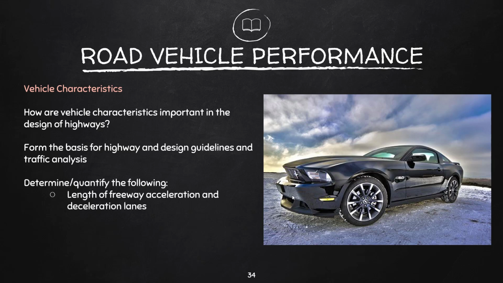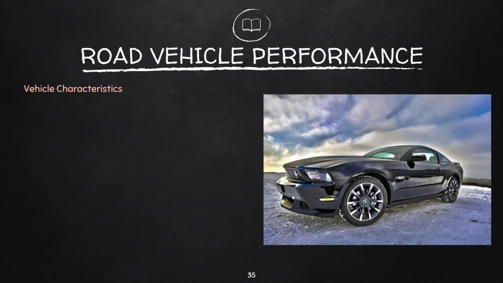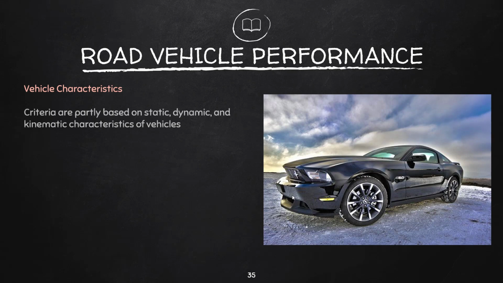The length of the freeway acceleration and deceleration lanes needs to be determined. Also maximum highway grades, stopping sight distances, passing sight distances, and numerous accident prevention devices. Criteria are partly based on static, dynamic, and kinematic characteristics of vehicles.